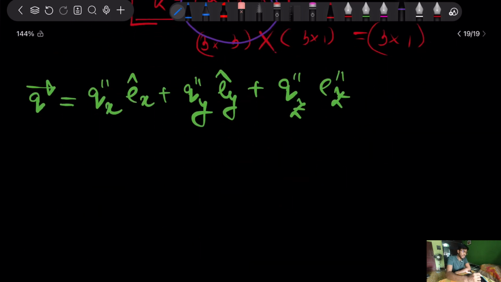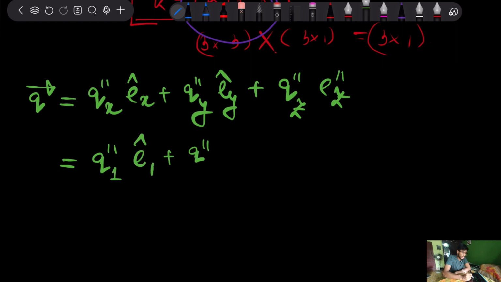In general, my heat flux vector is written like this, and you should now be acquainted with this nomenclature. This one is Q3.